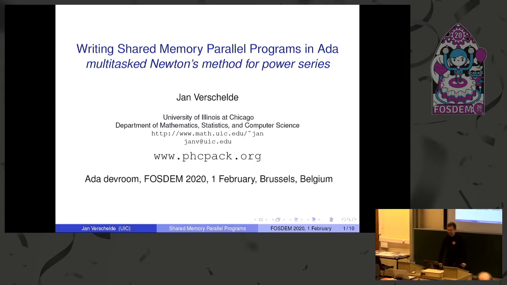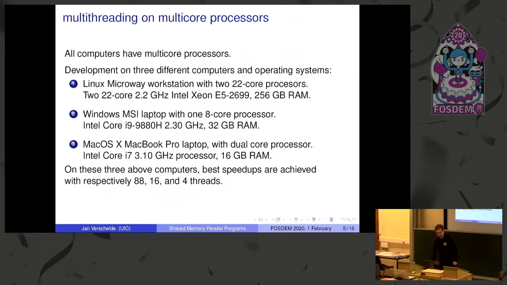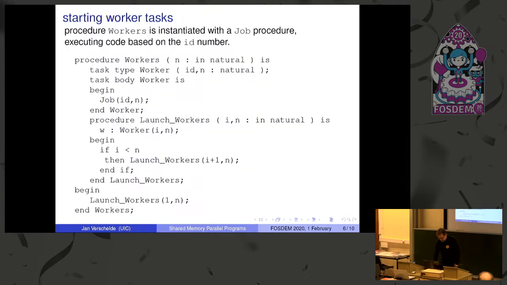So this machine is actually hosting the web interface to our software. So it has 44 cores, and I get the best results with 88 threads. But I will restrict to the middle configuration.